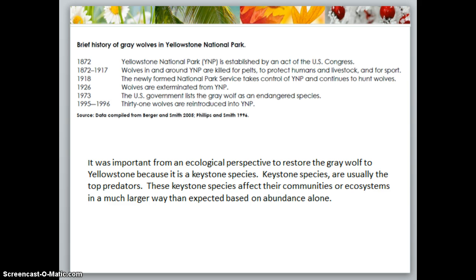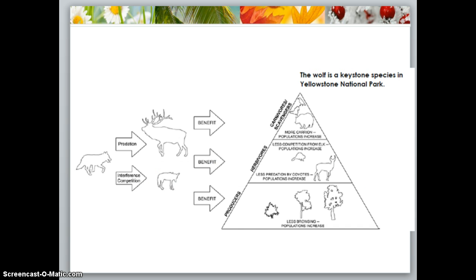Now, we're going to take a look at some of the data on this, and it's important from an ecological perspective to restore the gray wolf to Yellowstone because it's a keystone species. And keystone species are usually the top predators. The keystone species affect their communities or their ecosystems in a much larger way than ever was expected based on abundance alone. So let's take a look at what that looks like.